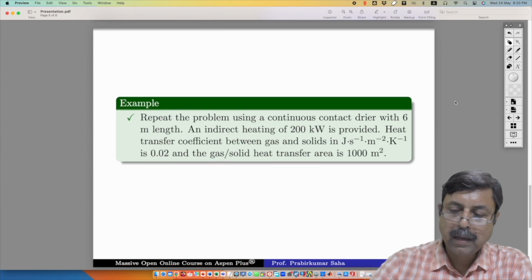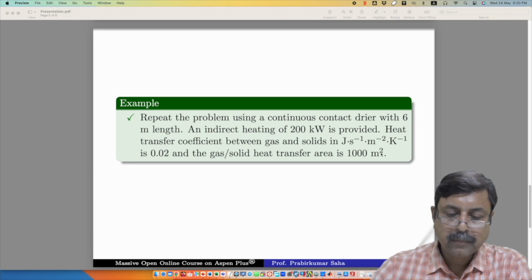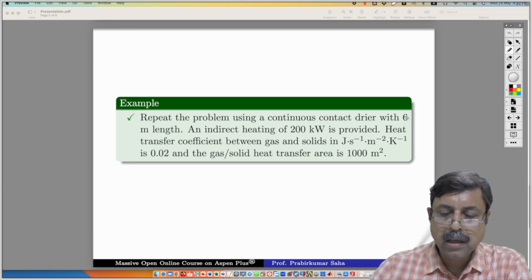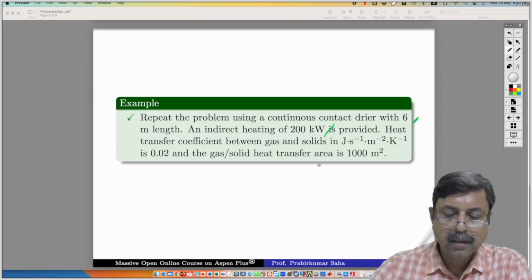And then the next problem. This problem says, repeat the problem using a continuous contact dryer with 6 meters of length. An indirect heating of 200 kilowatt is provided. The heat transfer coefficient between gas and solid in this unit is 0.02, and the gas solid heat transfer area is 1000 meters square.